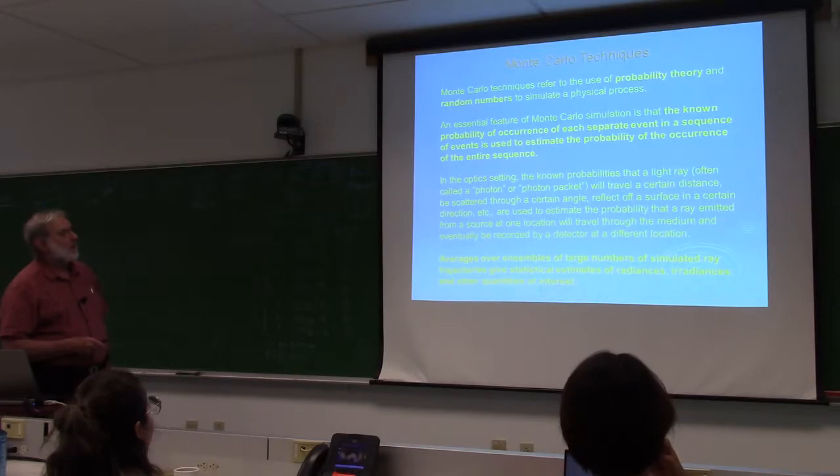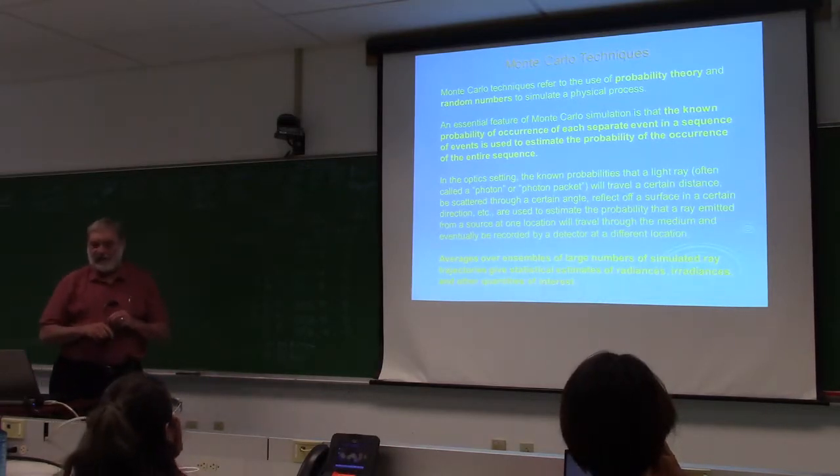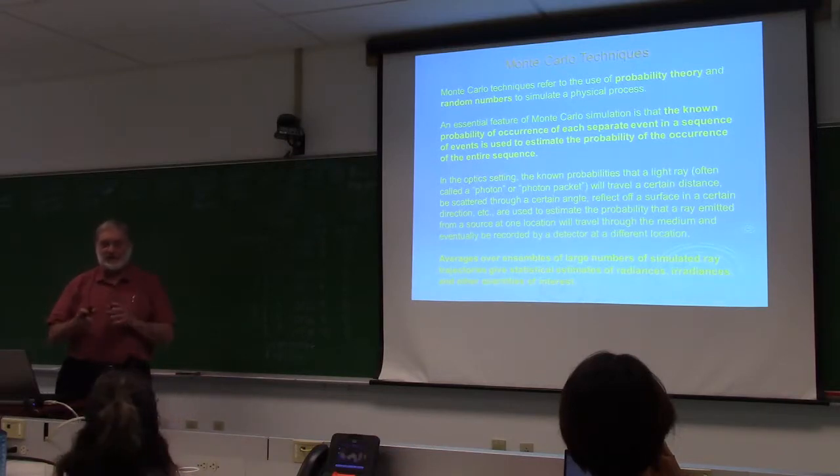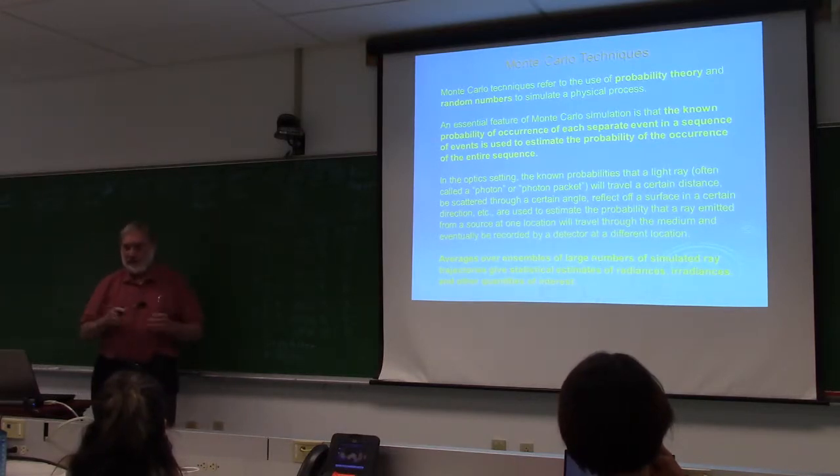And so the bottom line is that this term Monte Carlo refers to ways you can solve problems using probability theory and random numbers if you have some process that is in some way random.